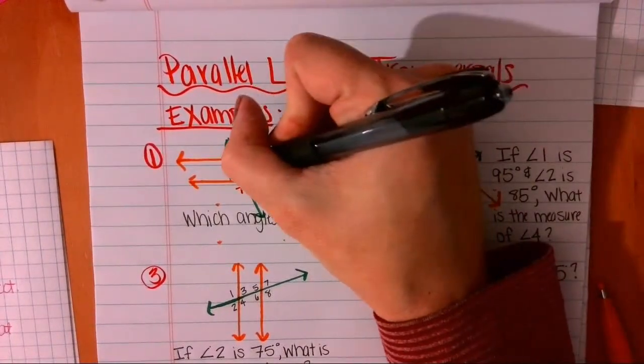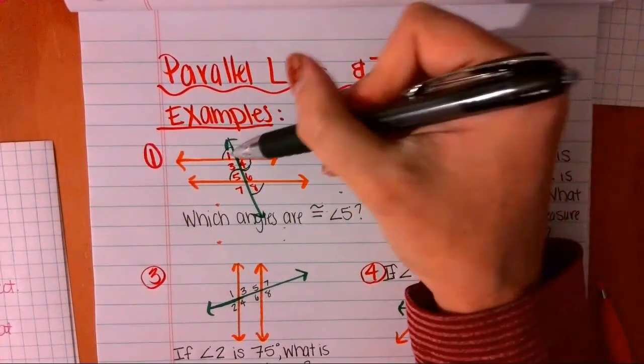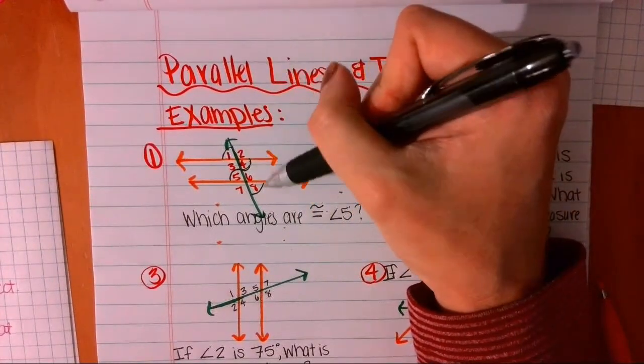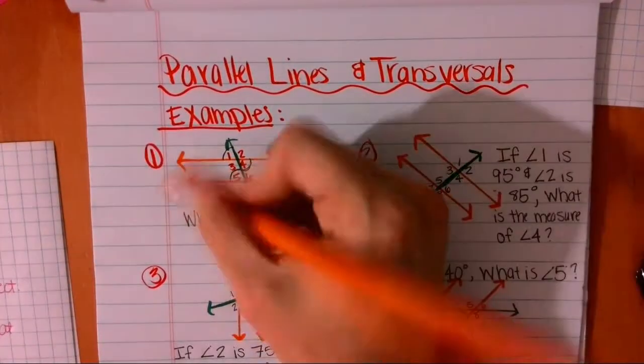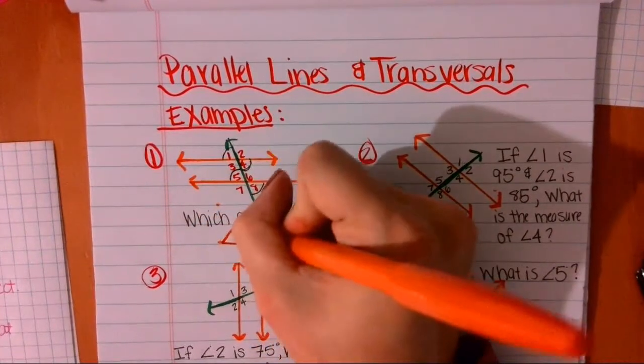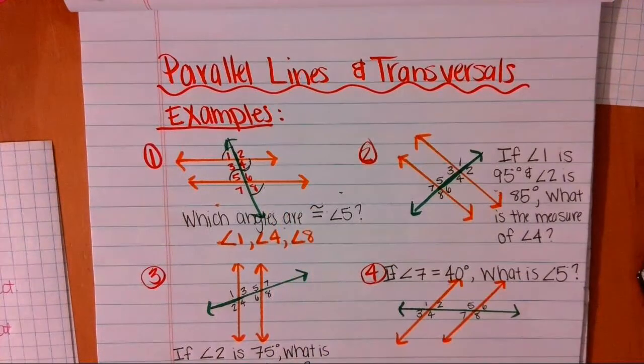So I can list that angles 1, 4, and 8 are congruent to angle 5. So I'm going to write that out. Angle 1, angle 4, and angle 8.